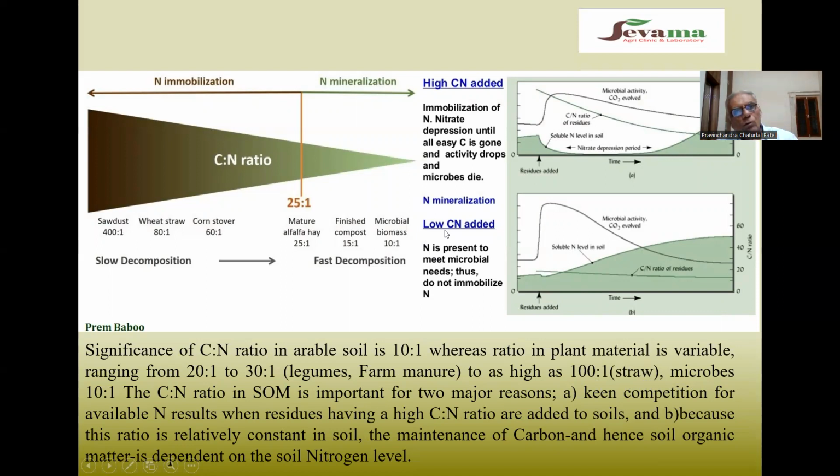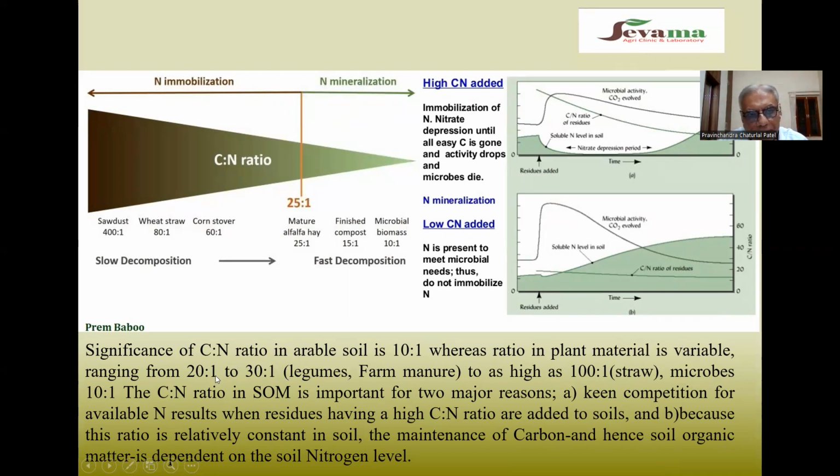So when there is a low CN ratio, 24:1 or lower, then microbes get the energy and there is no immobilization of the nitrogen. The CN ratio in arable soil is about 10:1, whereas the ratio in plant material is variable, ranging from 20:1 to 30:1 in legumes and farm manure.